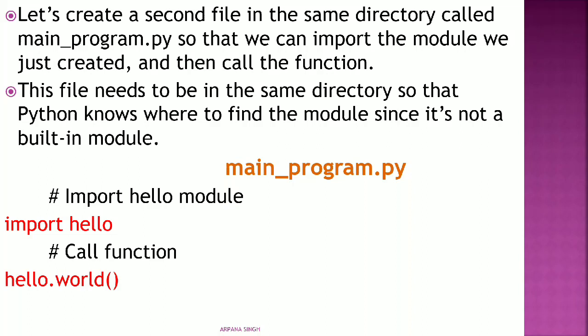It is same as math.sqrt. Math is module name, sqrt is function name. Here hello.py, so hello is the module name and world is the function name. So hello.world. So now if you execute this main program, then you will get the output hello world.